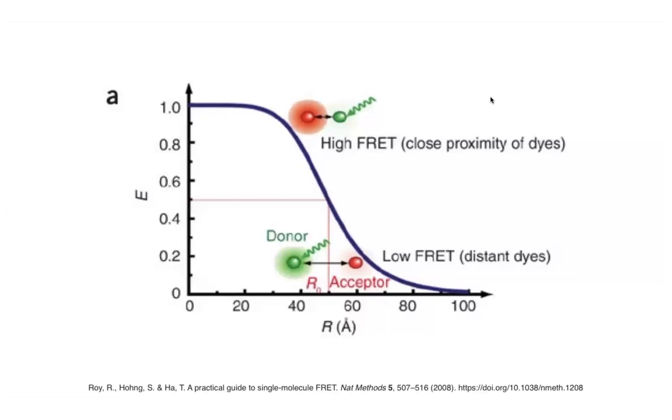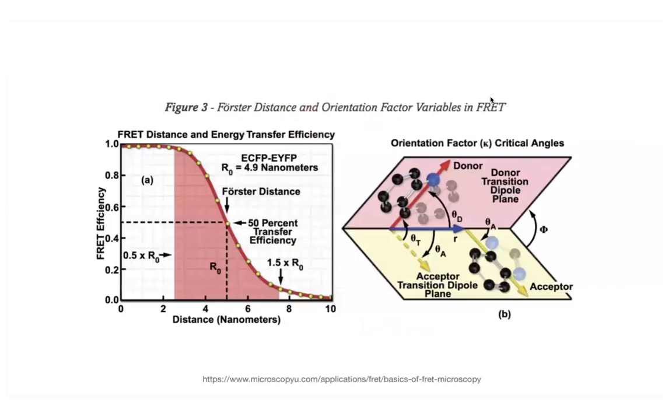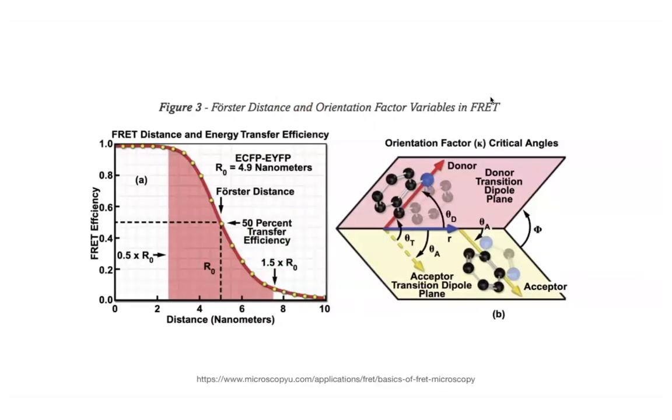Now, in the middle, at this 50% mark, that's going to correspond to your R naught, which is the distance between them at which you get half of that FRET efficiency. This is also sometimes called the Förster distance, the 50% transfer efficiency.